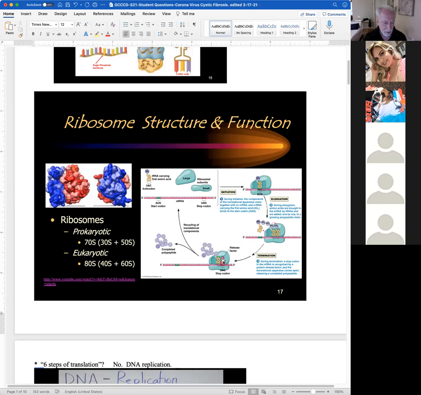When the ribosome comes to a stop codon, it stops and releases this peptide chain which it's made. That goes off to do whatever job it's supposed to do, whereas the components of the synthetic machinery get recycled. They go back and start all over again.